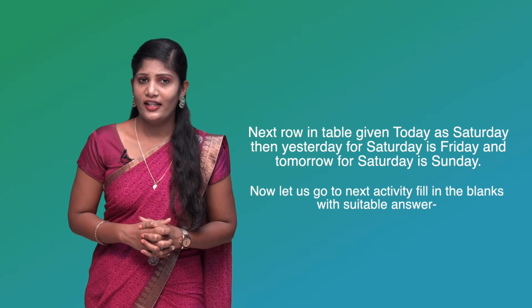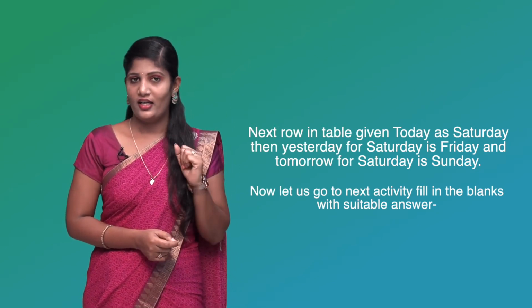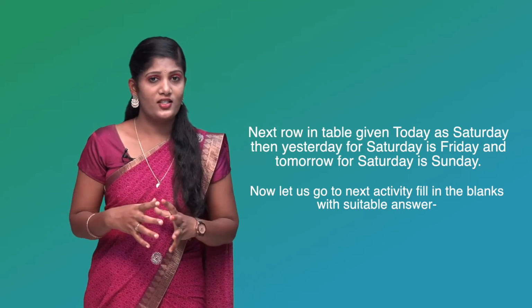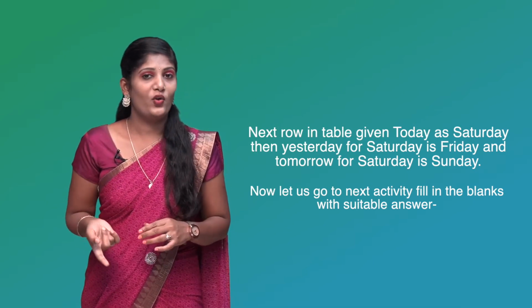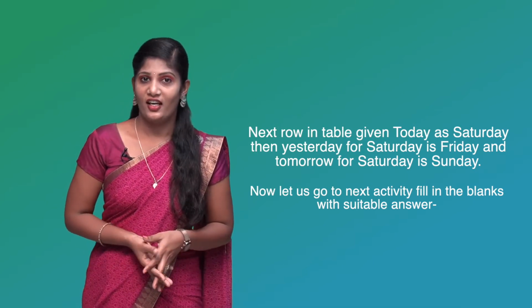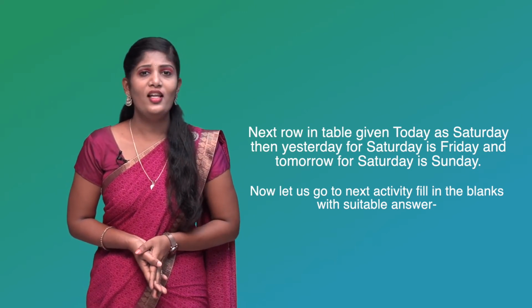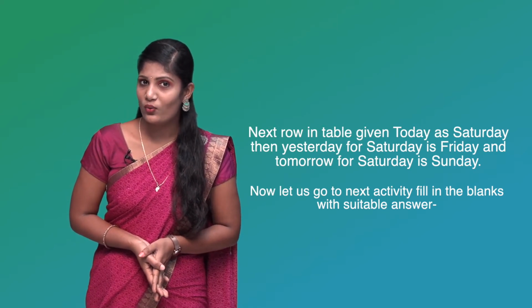Fine. Here they have given Thursday in yesterday column, right? So now tell me, if yesterday was Thursday, then today is Friday, then tomorrow is Saturday, right, children? So very good. Now let's go to the last one then. So are you all ready to go to the last one?